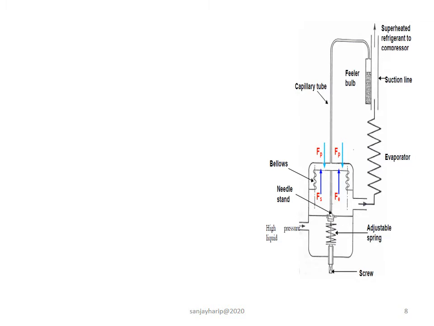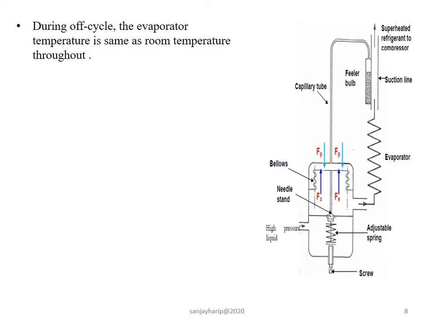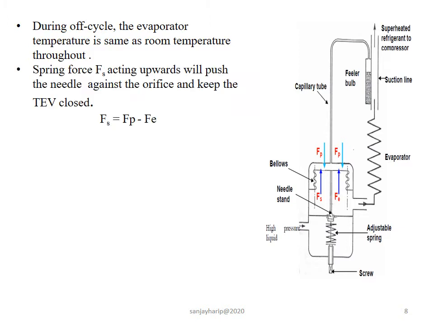This is a block diagram of the thermostatic expansion valve. It consists of different parts, that is needle valve, bellows, adjustable spring, adjustable screw, filler bulb consisting of refrigerant, and capillary tube. While the system is off, the evaporator temperature remains the same as the room temperature.